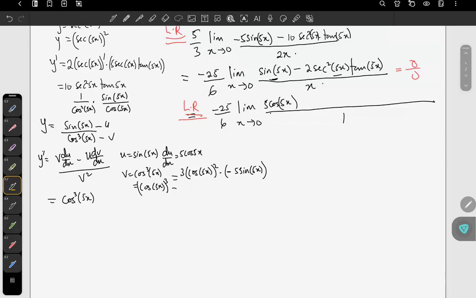and this gives us altogether minus 15 cos squared 5x sine 5x.